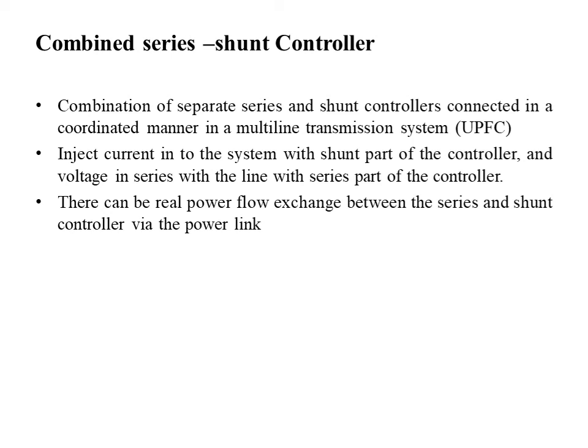So we can control the combined series controller and series shunt controller in two ways. The first method is via coordinated manner and the second by connecting a power link. In coordinated manner we can have separate control. That means there will be one series controller in one transmission line and a second series controller in another line, and they will be controlled separately for that particular line.